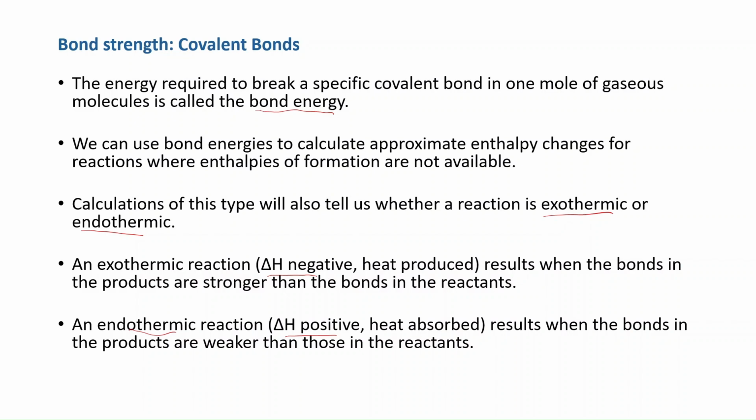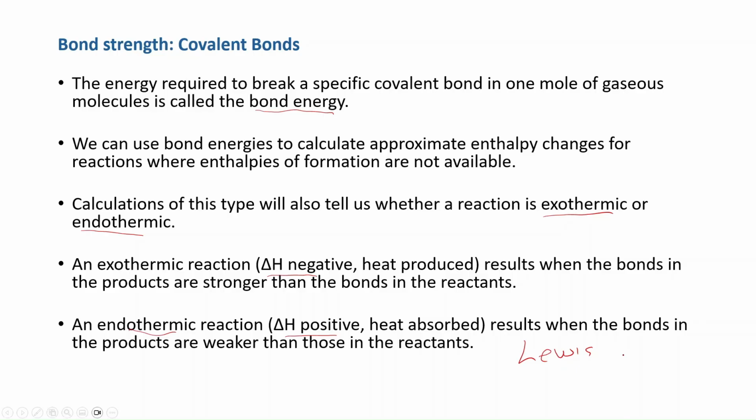Well, the only way you can tell which bonds are going to be broken and which bonds are going to be formed is if you know the Lewis structures of the reactants and the products. Remember, I warned you when we did Lewis structures. This is the gift that keeps on giving. You're going to need it later on in thermochemistry. Well, this is the later on.